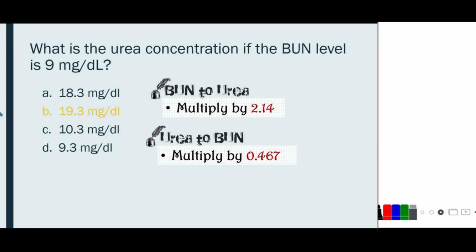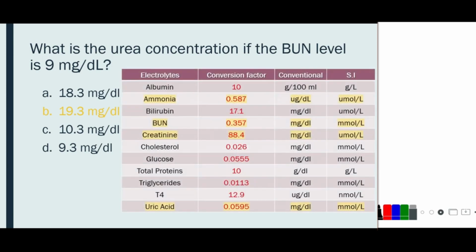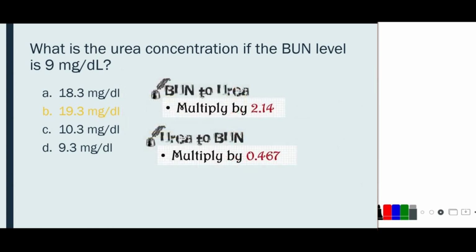And do not be confused guys, because if you go back to our table for the conversion of your conventional to SI units, the conversion factor for BUN is 0.357 as what you could see here. The 0.357 is the conversion factor to convert conventional to SI. The 0.467 is to convert urea to BUN, and then we have 2.14 to convert BUN to urea. So do not be confused with the numbers included in our conversion factor.